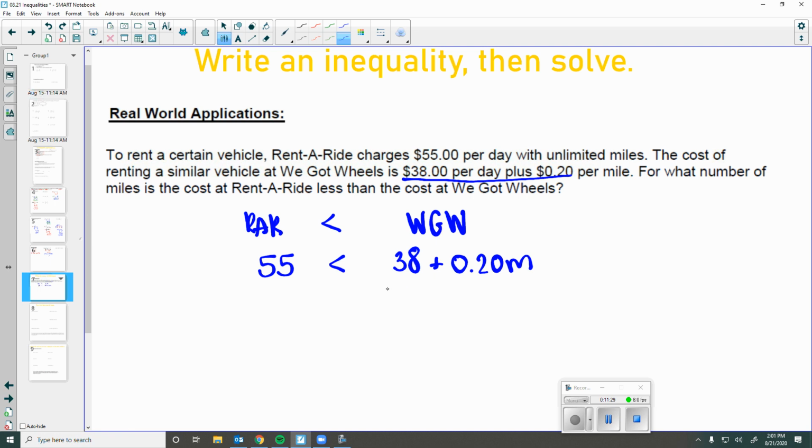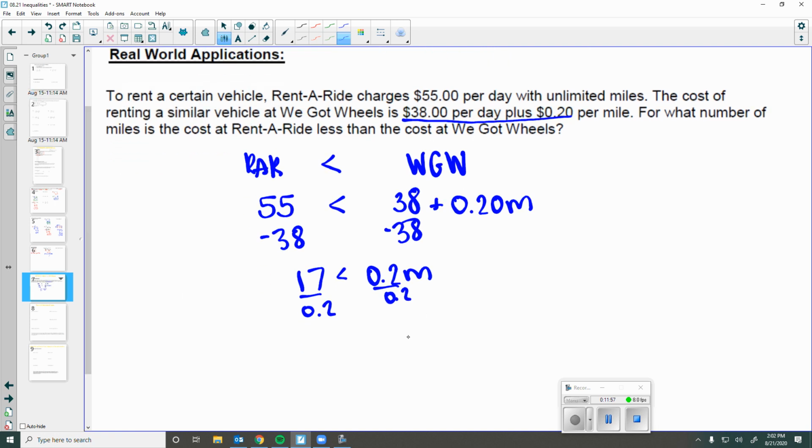Breaking this down and solving it, we're going to subtract 38 on each side. So 17 is less than that 20 cents per mile. And then dividing by our 2/10. So what we just figured out, m is greater than 85.